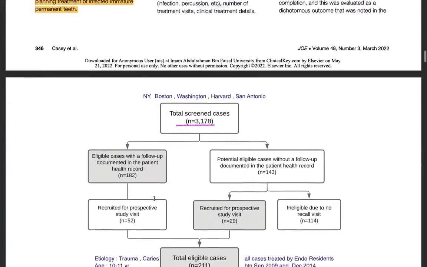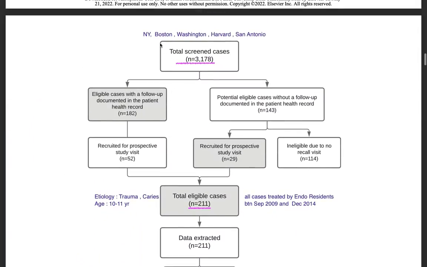In this study, the methodology, as I said, is a multiple-center study done in New York, Boston, Washington, Harvard, and San Antonio dental schools. They had a total screening of more than 3,000 cases, and they ended up with 211 eligible cases. The etiology of necrosis is either trauma or caries, and the age of the patient is between 10 and 11.